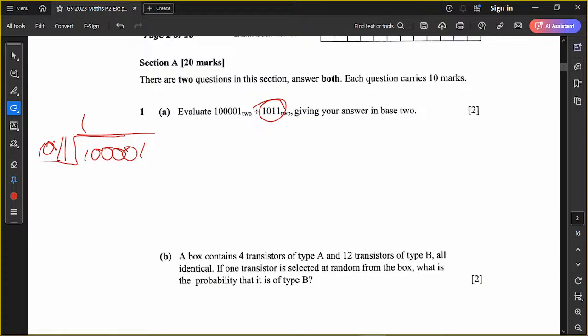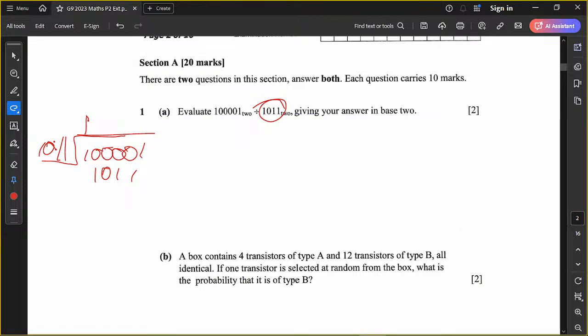So we write 1 like that. Once we have written 1, the next thing we do is multiply that by 1011, which will give us 1101.